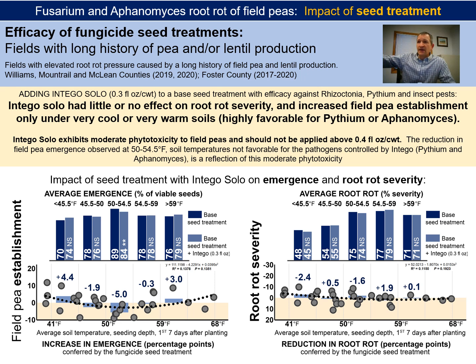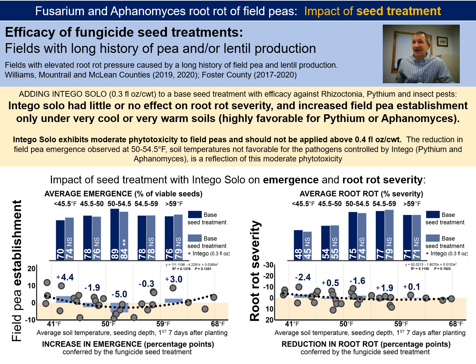Okay, and seed treatment with ethoboxam, as you would expect, would reduce that death and increase your plant population. Okay, in the intermediate soil temperatures, you actually saw a reduction in field P establishment with the use of ethoboxam.